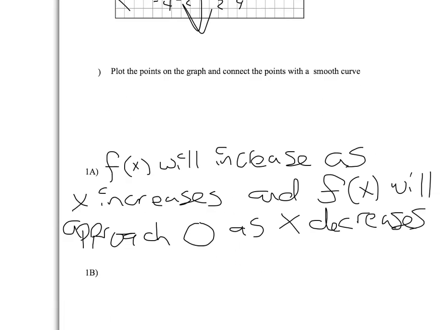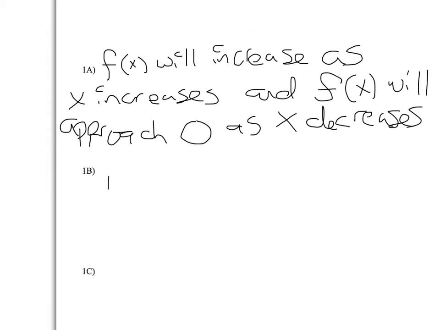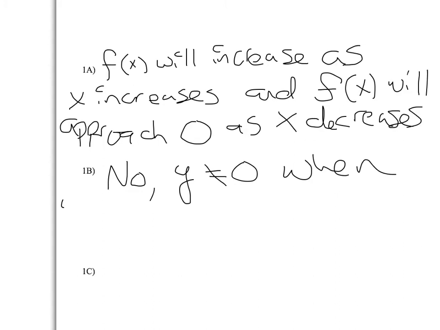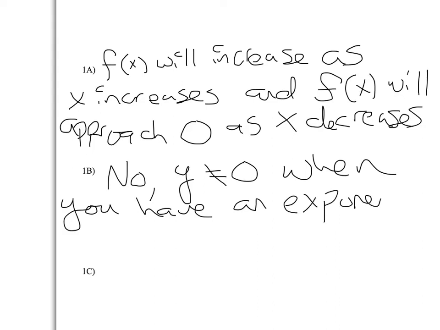Explain how you know. Well, the answer, I've already said it a couple times, is going to be no. The real reason is because you can't ever get a y value of 0 as an answer to y equals 2 to the x. Y can't equal 0 when you have an exponential graph.